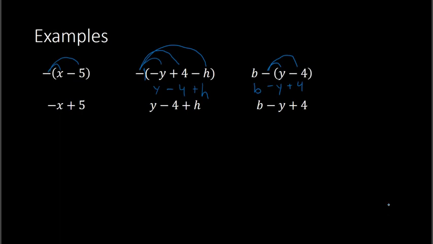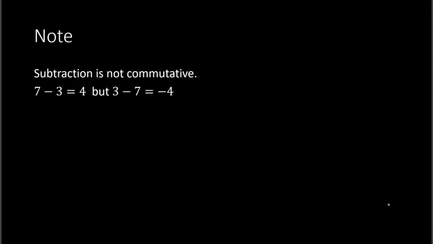Now as we finish up, do take note that subtraction is neither commutative nor is it associative, meaning it does matter the order in which I place the numbers when I subtract. So 7 minus 3 would be 4, and it's not the same thing as if I were to change the numbers 7 and 3 around.